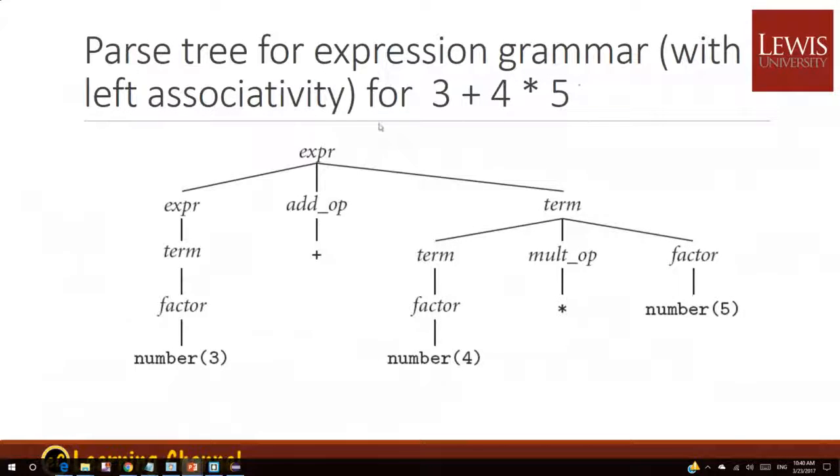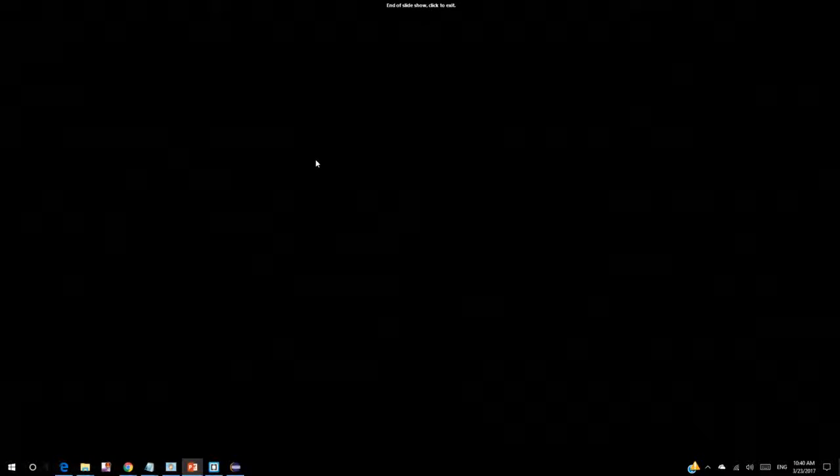And with that, we will parse to this. So actually, star has higher priority, so we parse this first, and then we end up with such a parse tree.